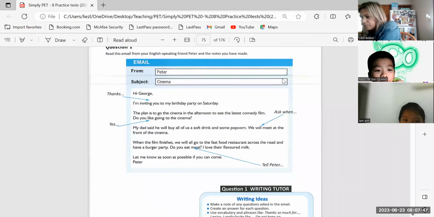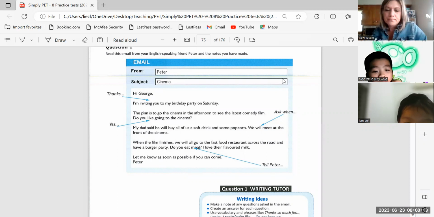From Peter. Subject: Cinema. Hi George, I'm inviting you to my birthday party on Saturday. The plan is to go to the cinema in the afternoon to see the latest comedy film. Do you like going to the cinema? My dad said he will buy all of us a soft drink and some popcorn.